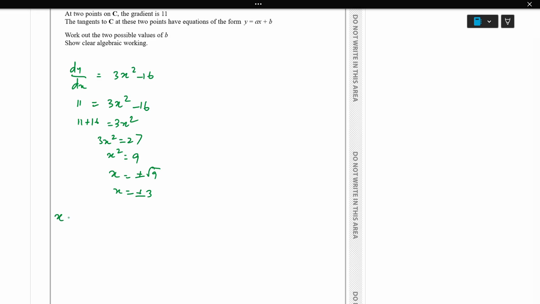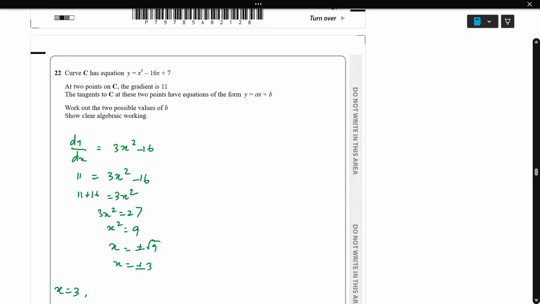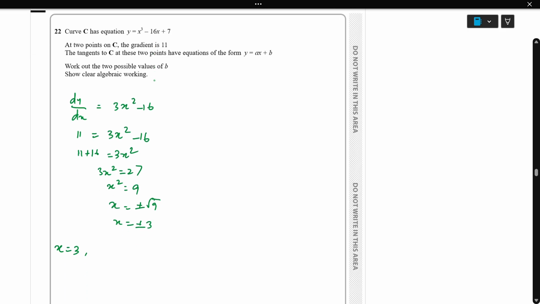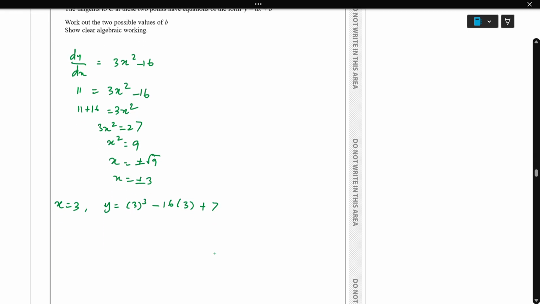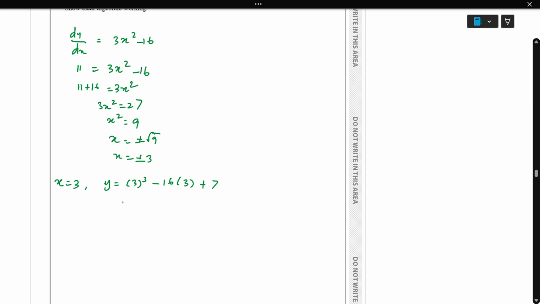First take x equal to the positive value, then put it in the given equation and you'll get y. So y equals x cubed minus 16x plus 7. I'll substitute here: 3 cubed minus 16 times 3 plus 7. So we'll get the answer as negative 14.